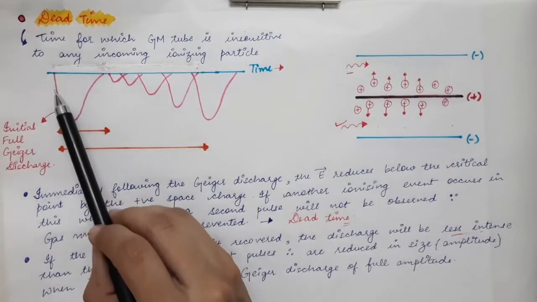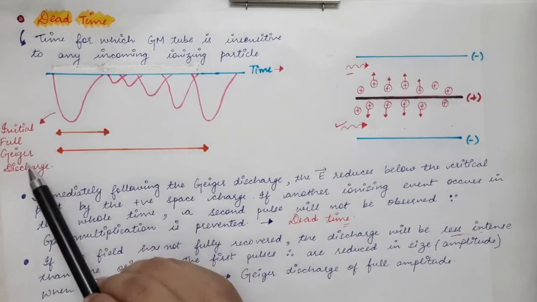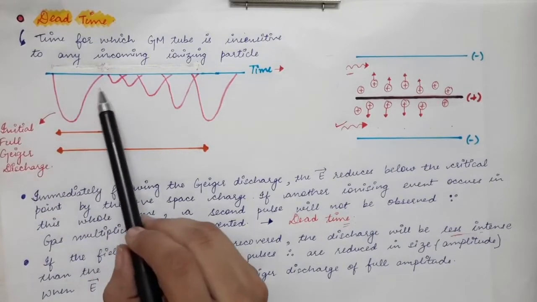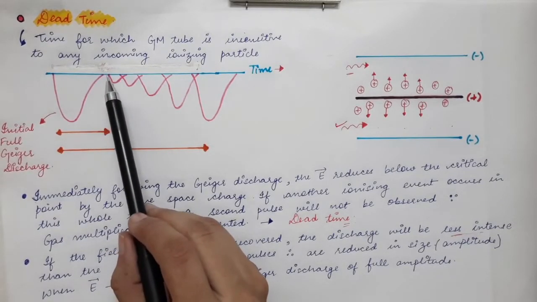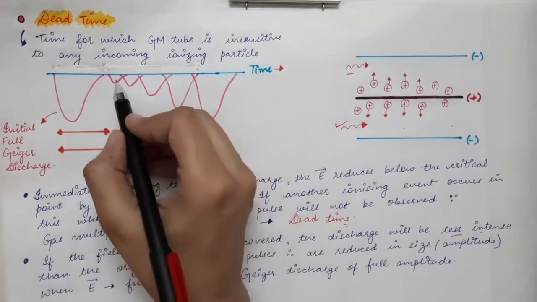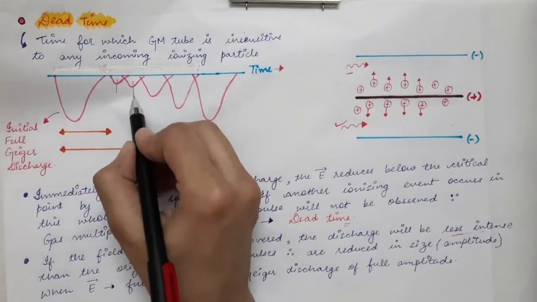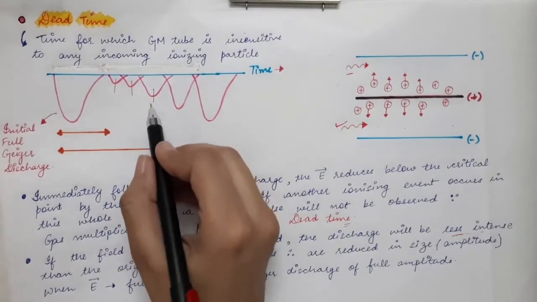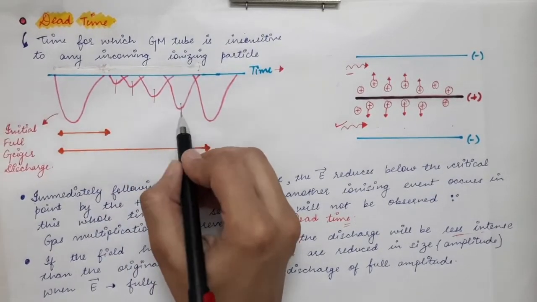So you can see that this is the first initial full Geiger discharge. After that, as the electric field is getting restored, you are getting pulses. This is for the second ionizing particle, this is for the third ionizing particle entering, this is for the fourth, and so on.